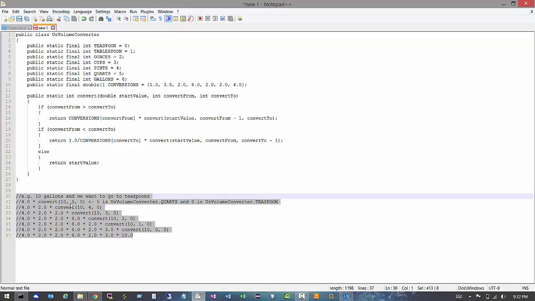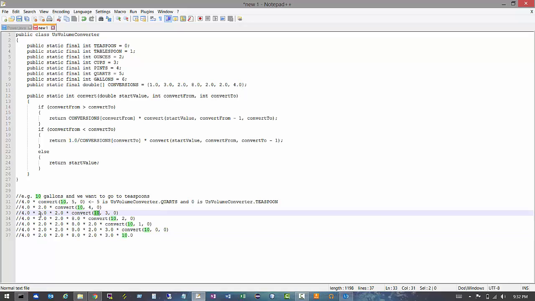Walk it through, and if it's right, you'll see it work.